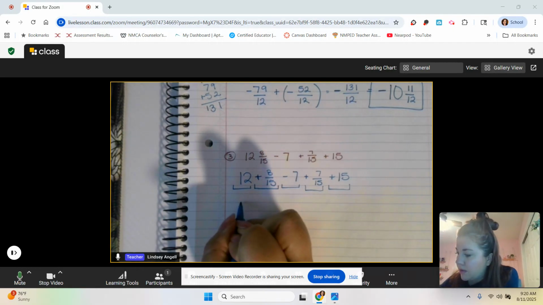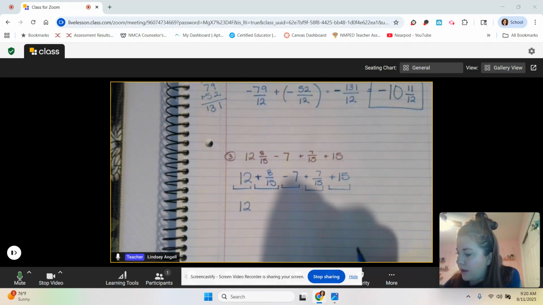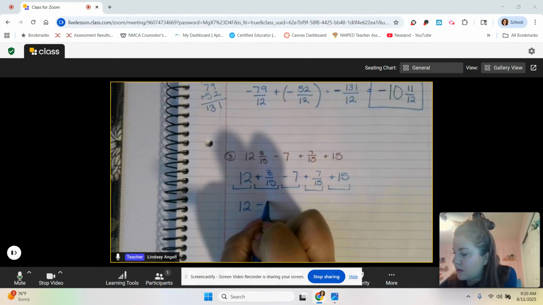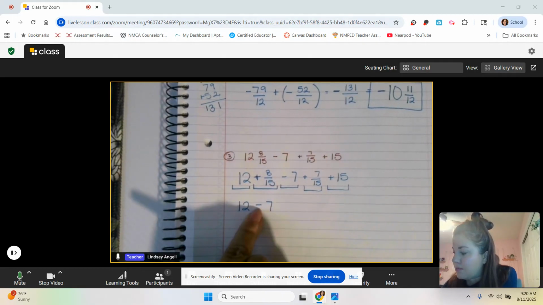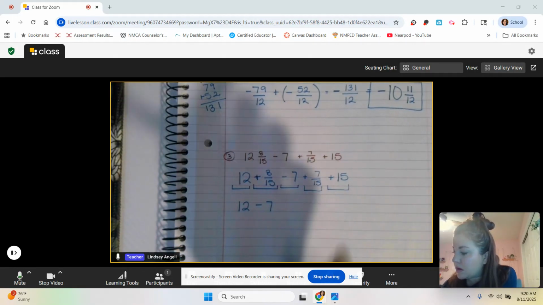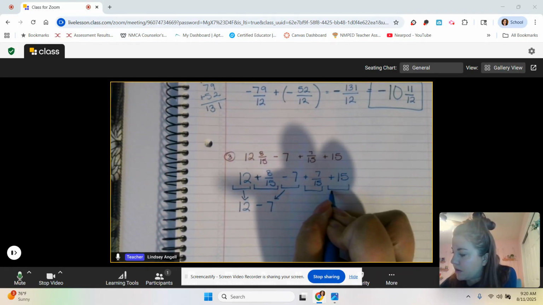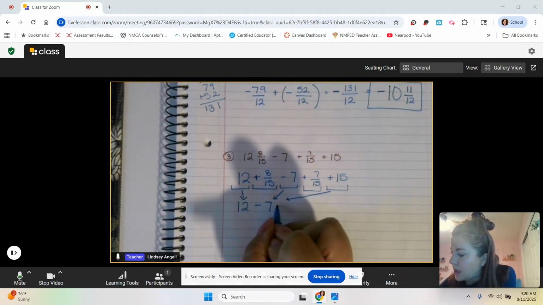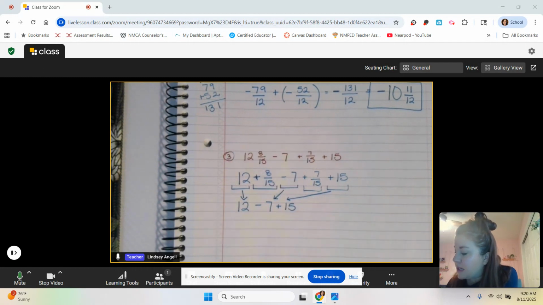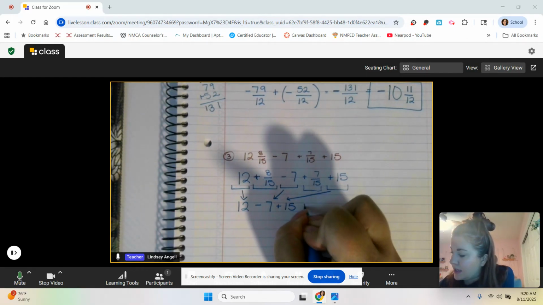Okay? So we could say 12 minus 7, so right now I moved that here. I'll use arrows so you can see where I'm pulling from. And then plus 15. Aren't those easier to deal with together? And then I can throw the other ones on the back, the fractions.